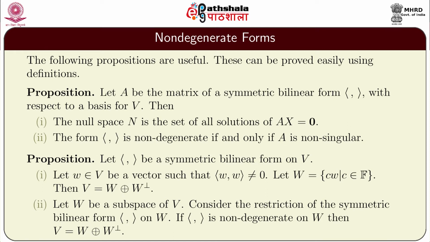And more generally, if we have a subspace W of V, and if we consider the restriction of the symmetric bilinear form on the subspace W, assuming that it is non-degenerate on W, we can write V as a direct sum decomposition W direct sum W perp.